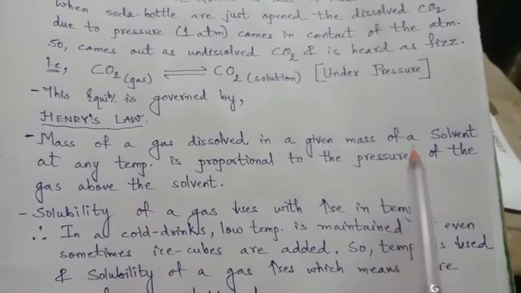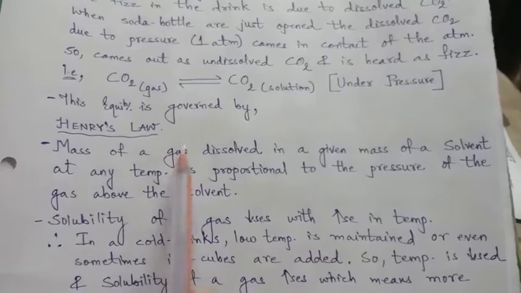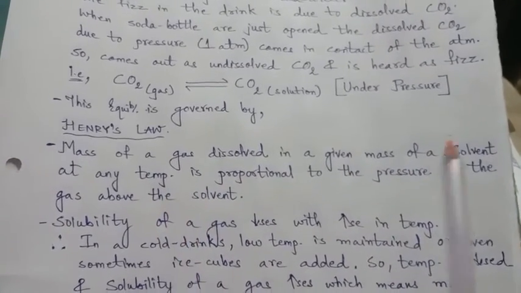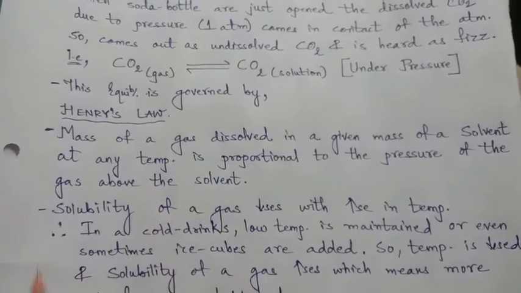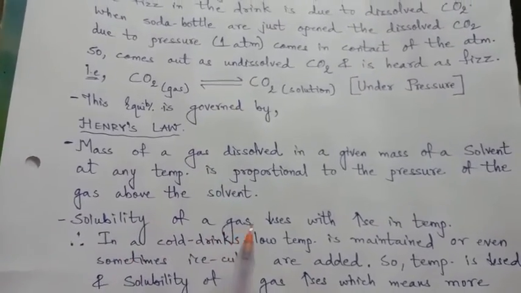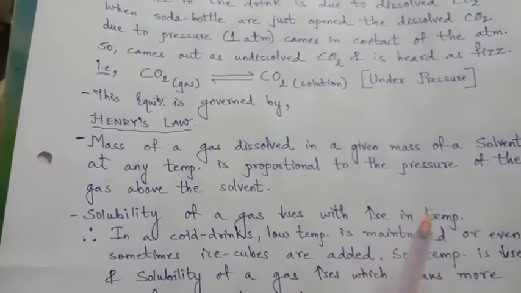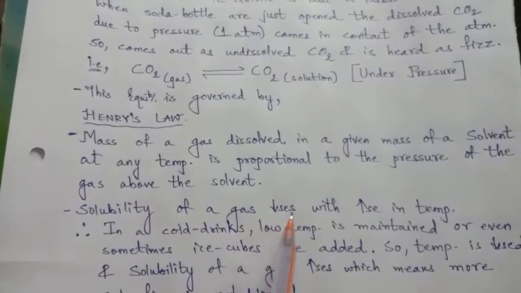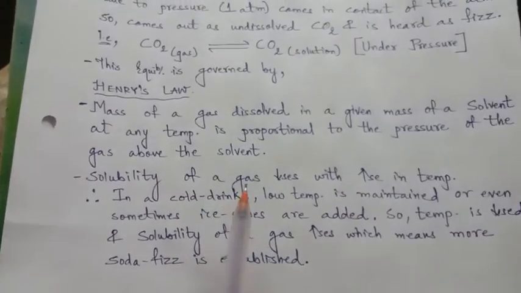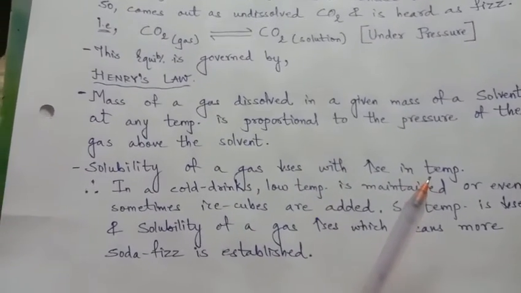So whatever the pressure of the solvent is, the pressure of the gas to be dissolved has to be a little more than that. This is Henry's law, and it matters because the solubility of a gas decreases with increase in temperature. If temperature increases, the solubility of the gas will decrease, so more gas won't dissolve into the solvent.